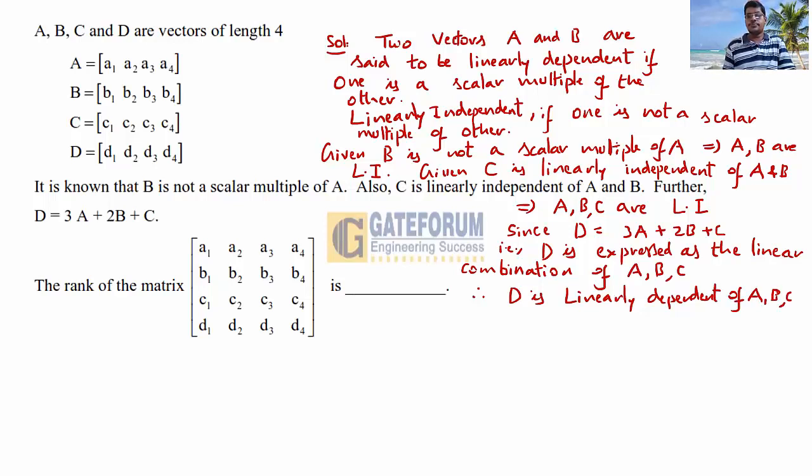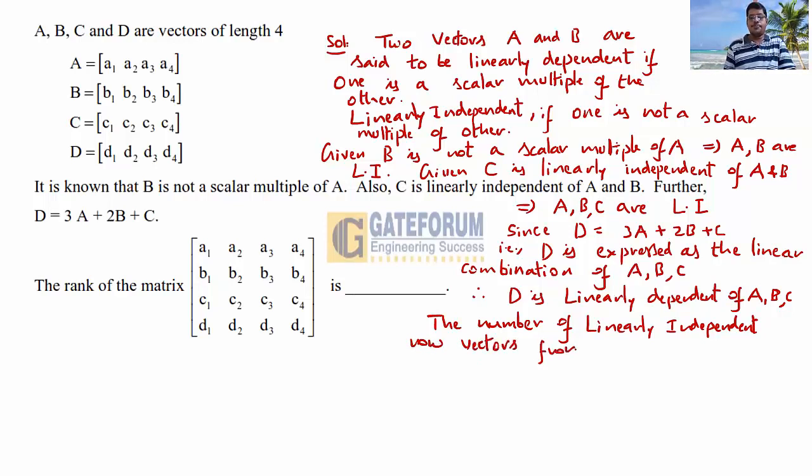That means the number of linearly independent row vectors from the given A, B, C, D, from four vectors, is three linearly independent vectors.